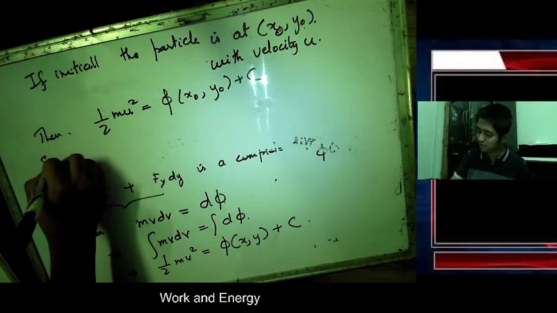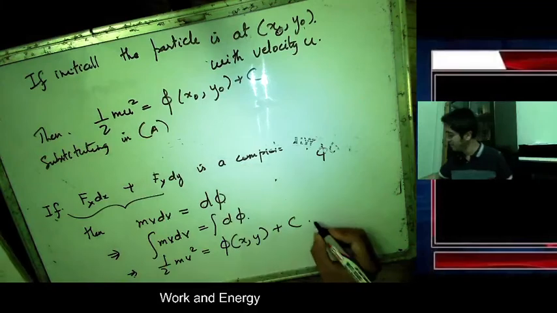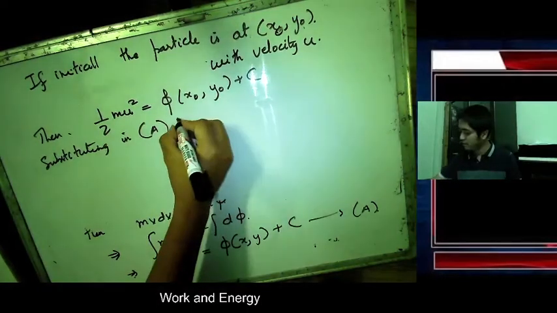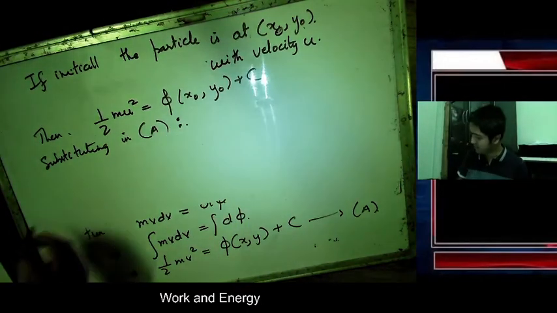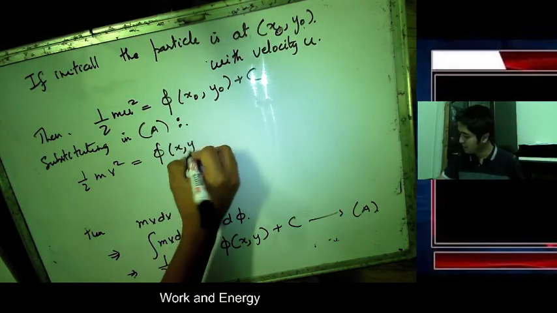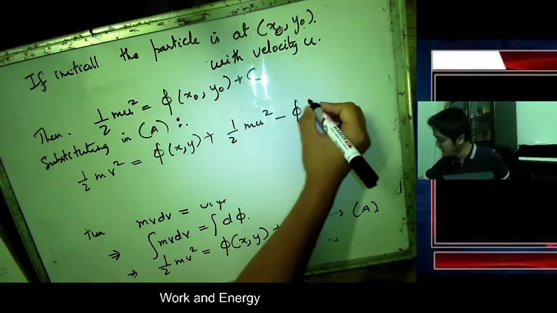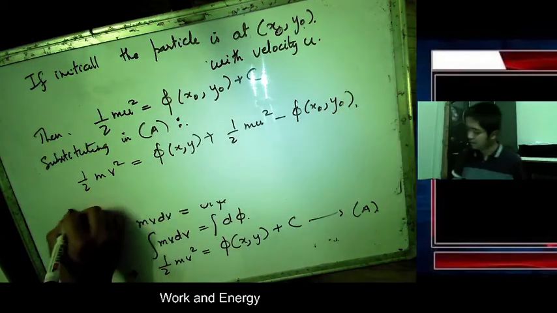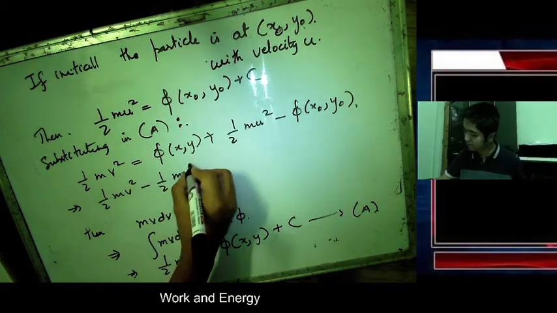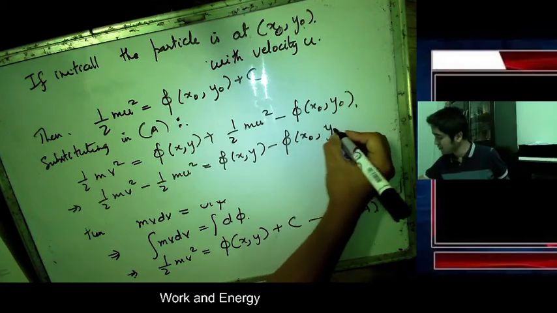Substituting in equation A, we will have half mv squared equal to phi(x, y) plus c, which is half mu squared minus phi(x naught, y naught). So half mv squared minus half mu squared equals phi(x, y) minus phi(x naught, y naught).